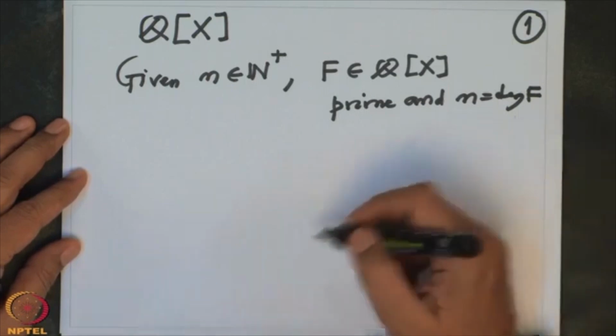So this will show that, in contrast to the real numbers, here there are prime polynomials of arbitrary degree.